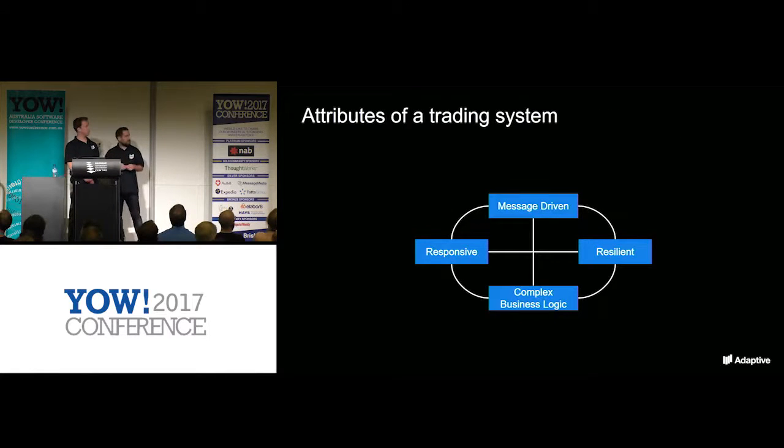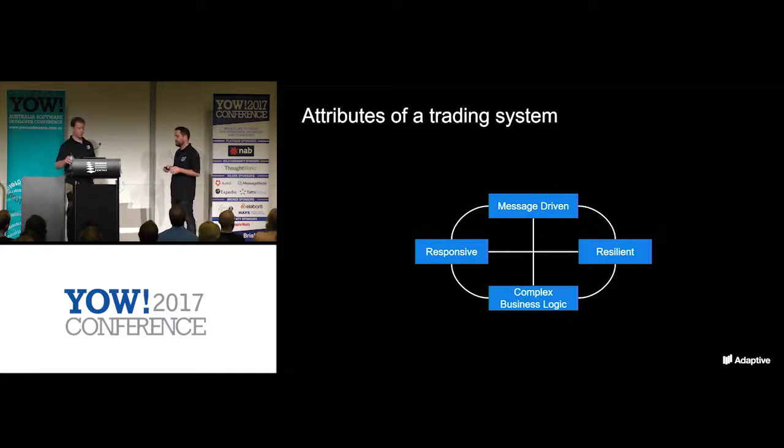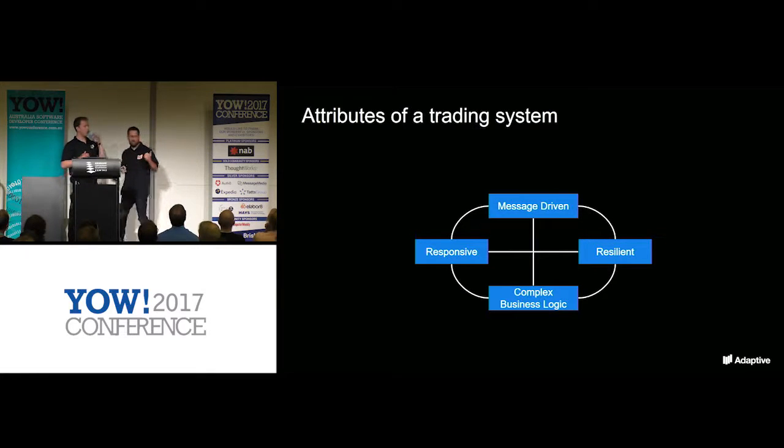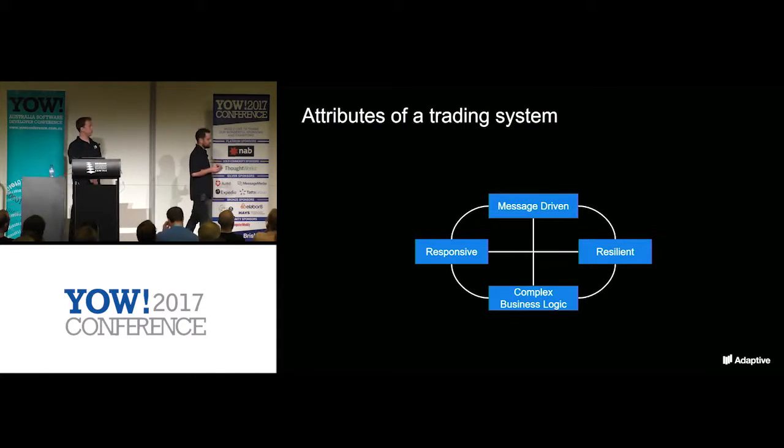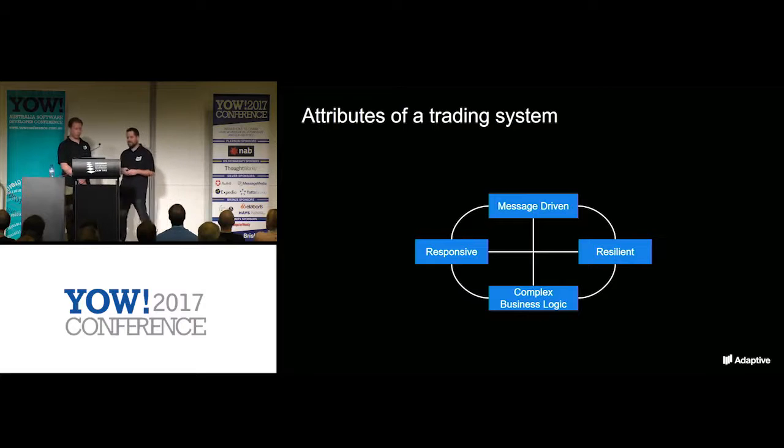So if we look at the core attributes of the systems we are building. So one, we already said, our services are message-driven. Typically, our services need to be very responsive. It's not rare to have response time requirements below the millisecond. In some scenarios, it's even at the microsecond level.